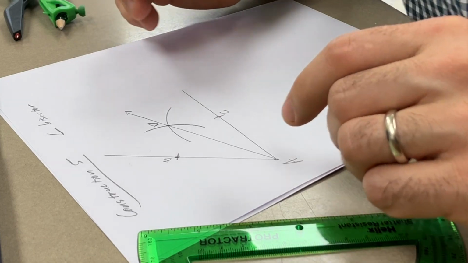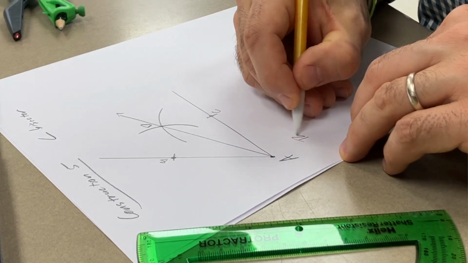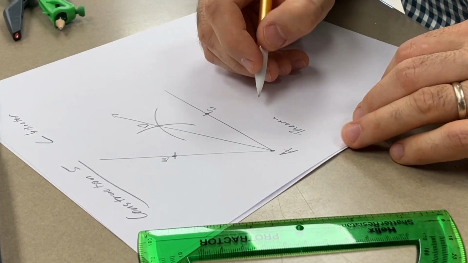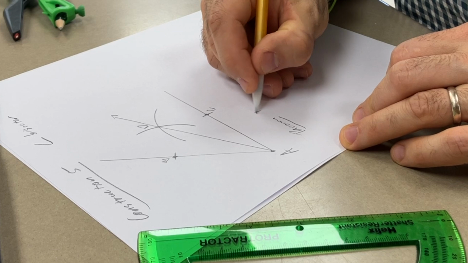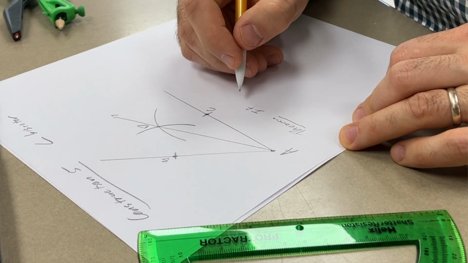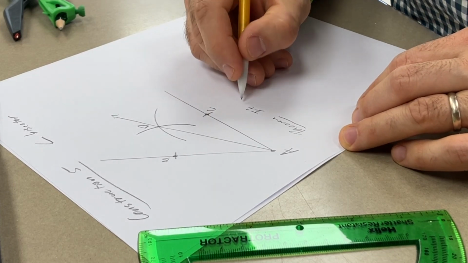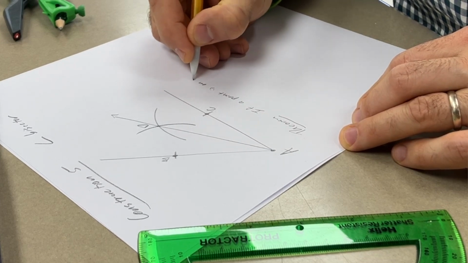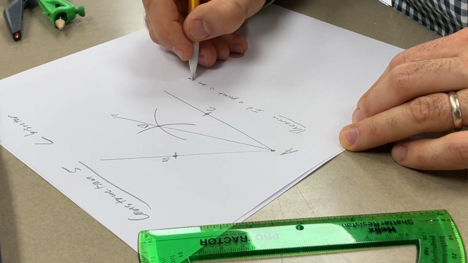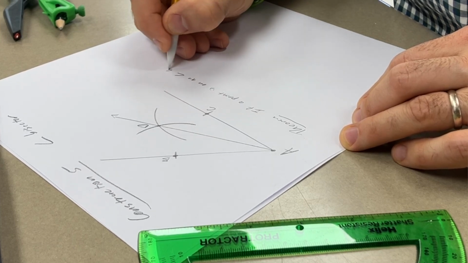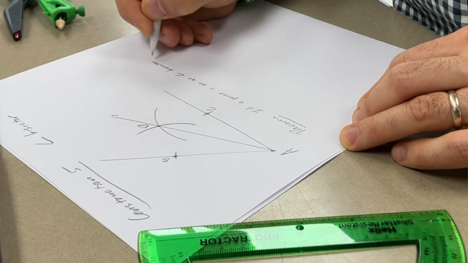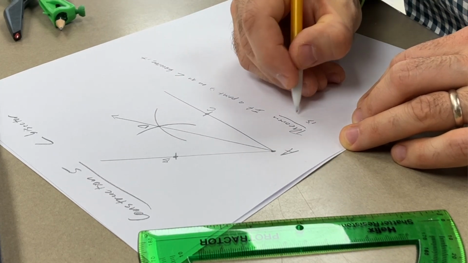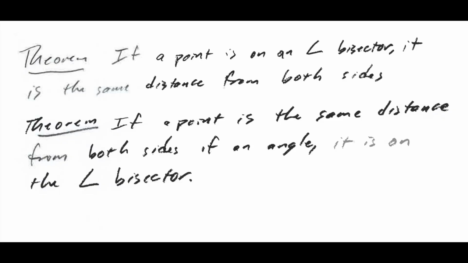Okay, out of this we get another couple of theorems, right? We call this the angle bisector theorem. If a point is on an angle bisector, it is the same distance from both sides.